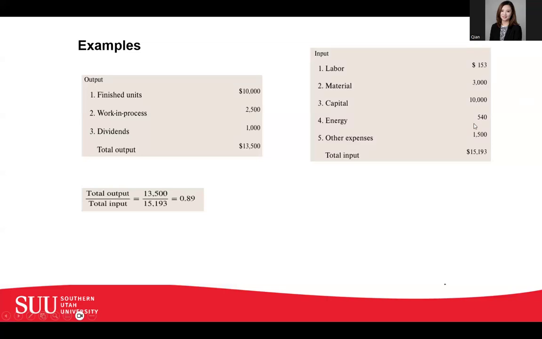You also sum all of them together, and then you get the total input. So if you are calculating the total productivity, we just use outputs to inputs. We get 0.89. This is the result. And what kind of conclusions can you draw from it? The productivity ratio is actually a comparison result, so you need to compare it with other numbers to get some idea of how it is.